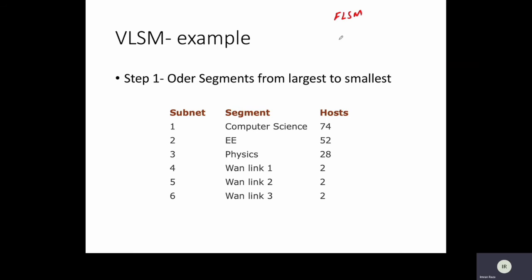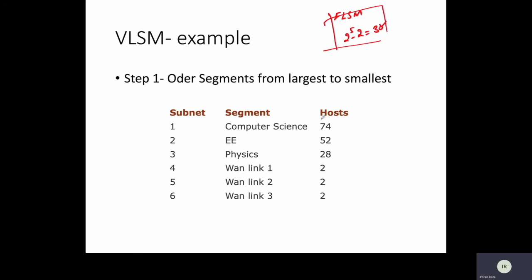This is a class C address. How many bits are there for the host portion? 5. So 2 raised to power 5 minus 2 is 30. This means at maximum, each of these 6 subnets using fixed length subnet masking can only have 30 nodes. But in computer science, we want 70 addresses for the 74 machines.